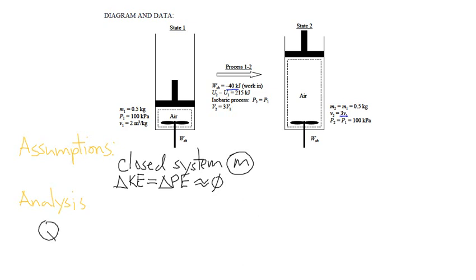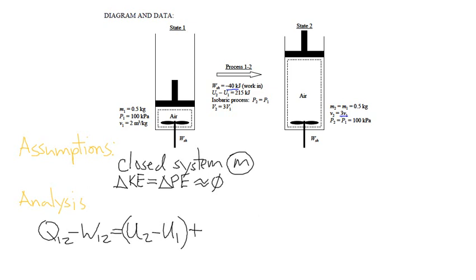With respect to the process 1 to 2, we're going to say the heat transfer 1,2 minus work 1,2 is equal to, and we normally put the mass in front, but since they've given the actual internal energy, not the specific internal energy, I'm going to just write internal energy 2 minus internal energy 1. So this won't be in the specific form, this will be in the actual total form.